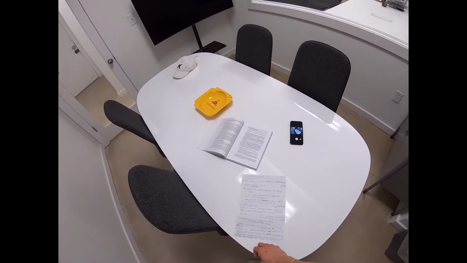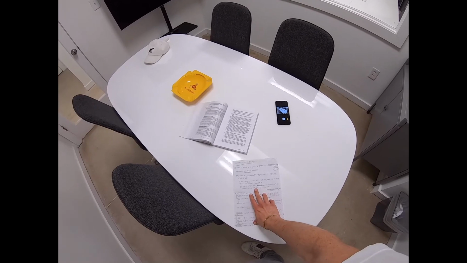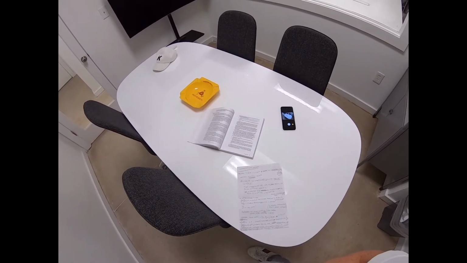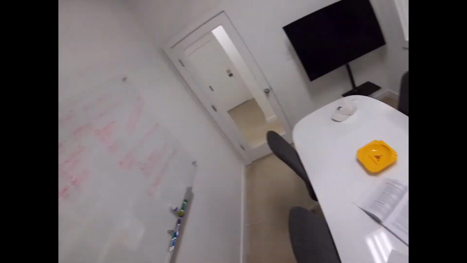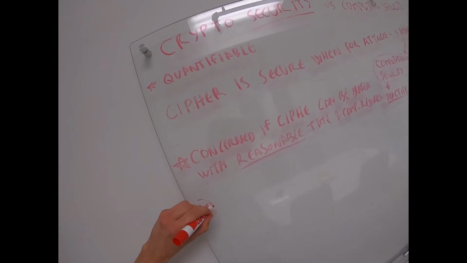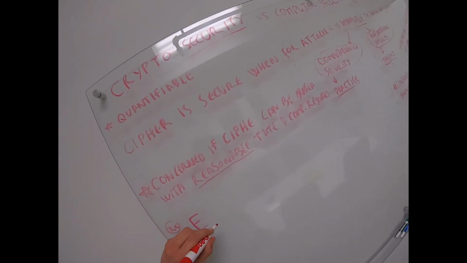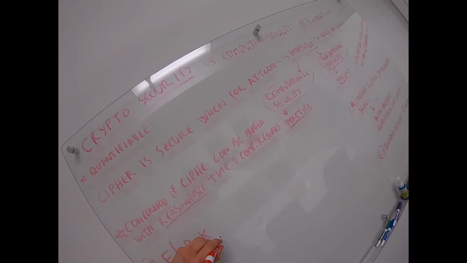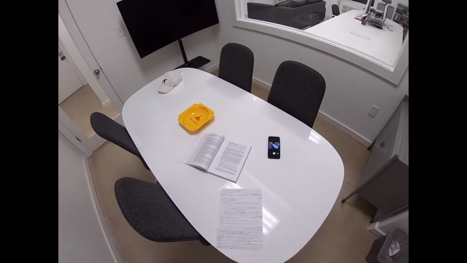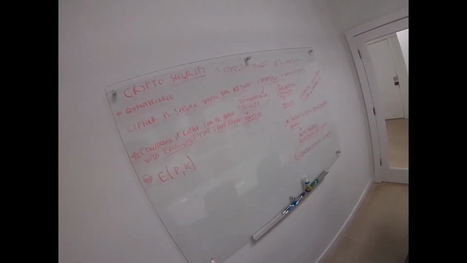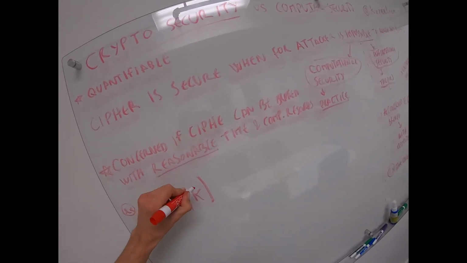Okay, there you go. So let's try an example, right? We have a cipher E. Let's take an example of a cipher E that encrypts a plaintext with a key, right, to give us a ciphertext. Okay, such a symmetric cipher with a key of 128 bits.